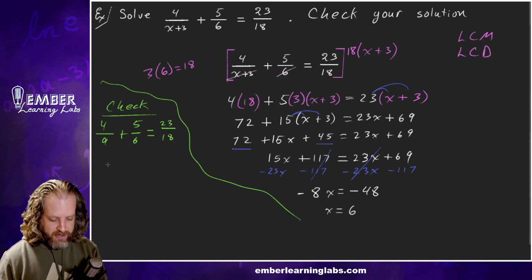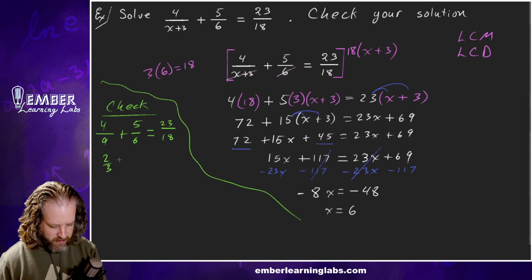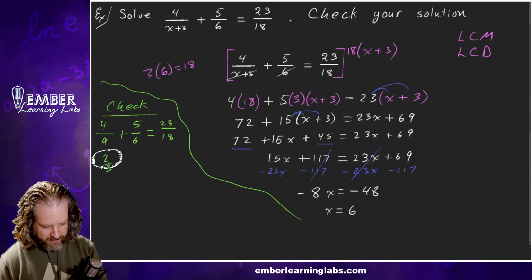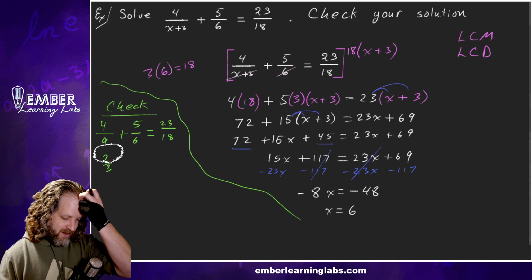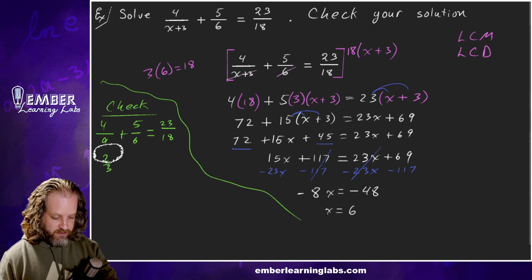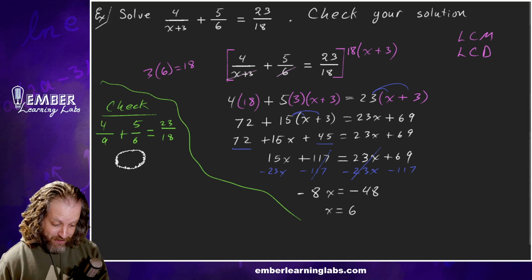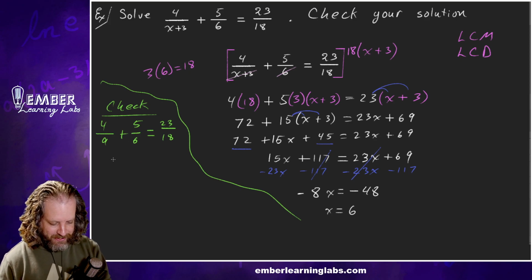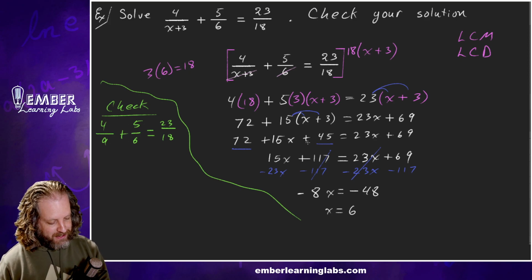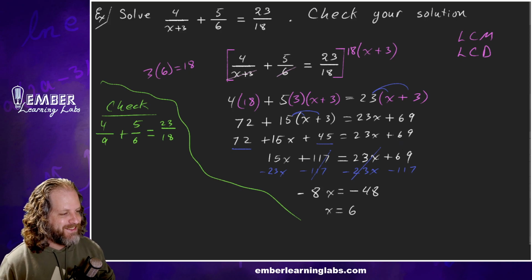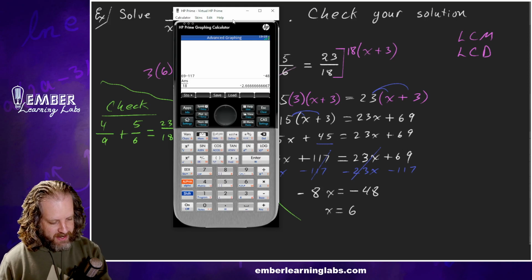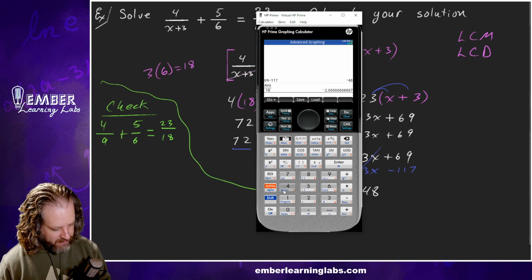I'm going to go ahead and reduce 4/9 to 2/3, which would turn into, no, that doesn't turn into 2/3. How about I don't do that? How about I just put 4/9 plus 5/6 in the calculator and see what happens? Instead of futzing around over here with middle school math.